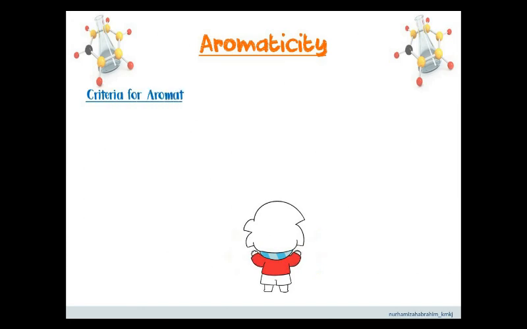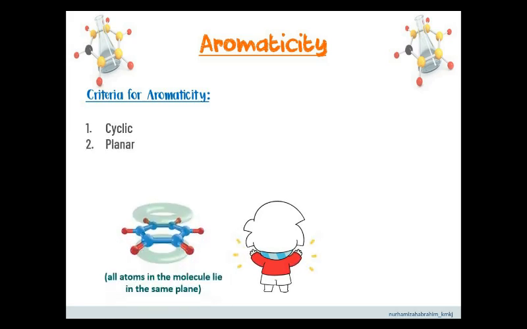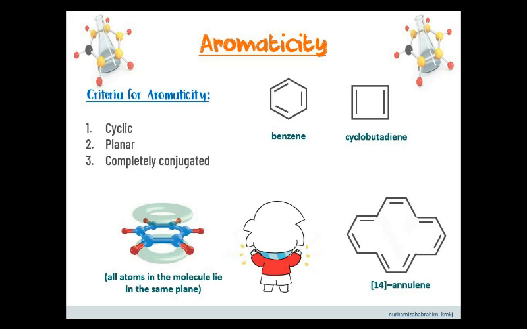Criteria for aromaticity. 1. Cyclic. The compound must have a cyclic structure. 2. Planar. All atoms in the molecule lie in the same plane. 3. Completely conjugated. This means the compound contains delocalized electrons, with alternating single and multiple bonds.